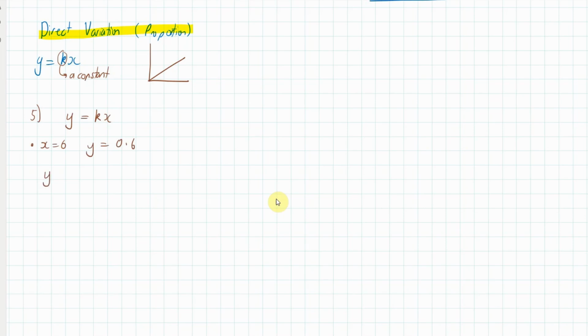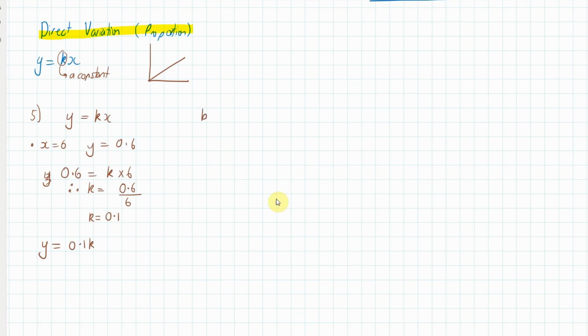So 0.6 is equal to k times 6. Therefore, k is equal to 0.6 divided by 6. So k is equal to 0.1. So our formula is y equals 0.1x.